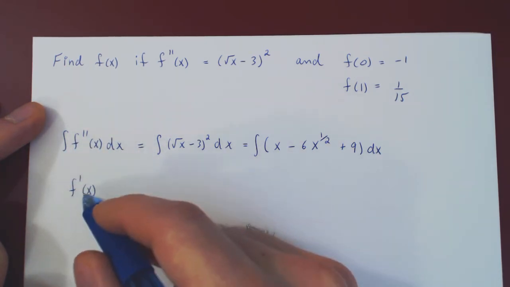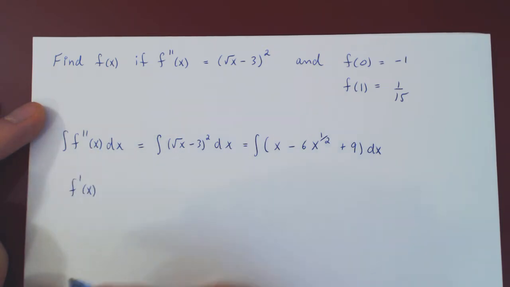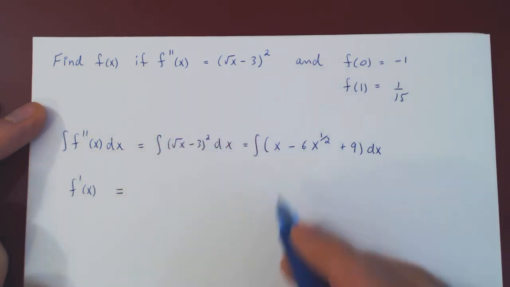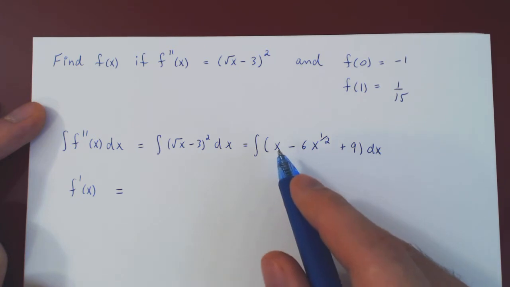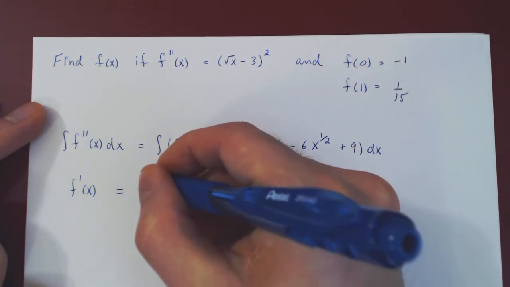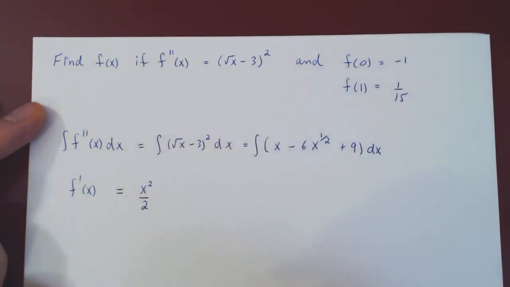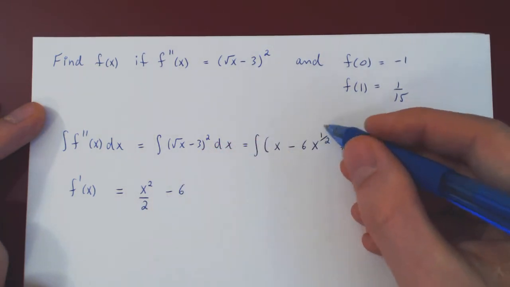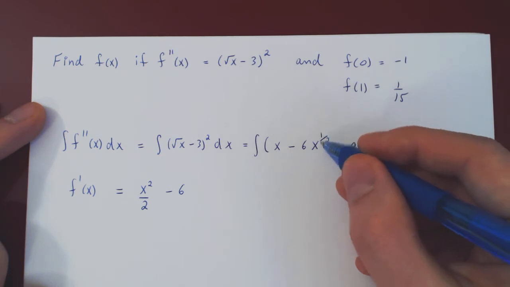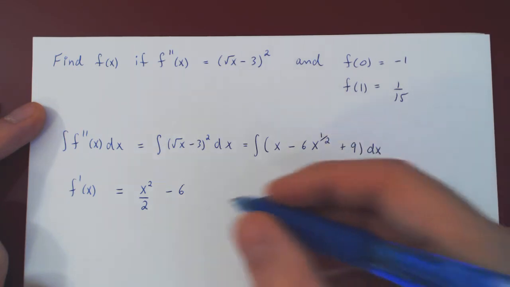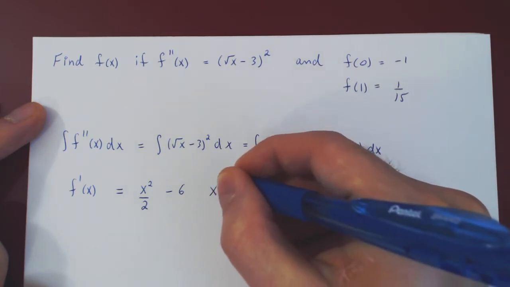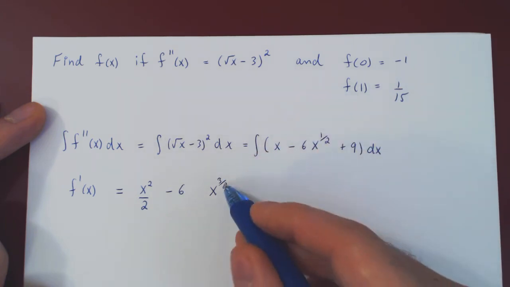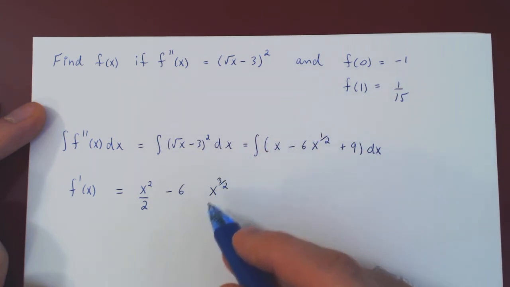So we have our antiderivative here of f double prime, which equals, power rule here, so x will give us x squared over 2. Minus 6 is a constant multiple. Power rule in x to the 1/2: if you add 1 to 1/2, you get 3/2. You divide by 3/2, which means you multiply by 2/3.